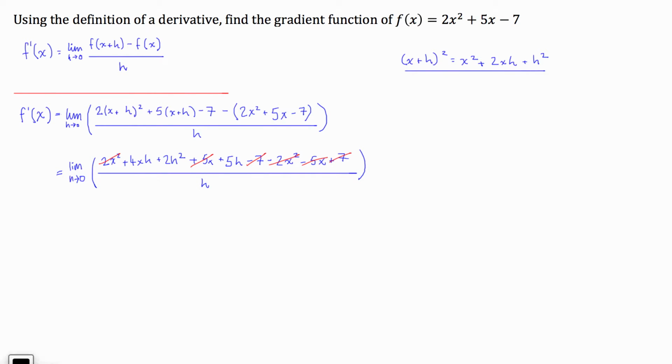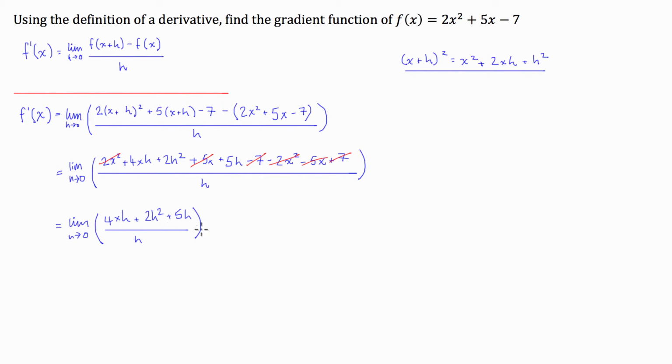And so we are left with, after that, the limit as h approaches 0 of 4xh plus 2h squared plus 5h, all divided by h. Great, well that's getting a lot smaller, so that's nice to see.